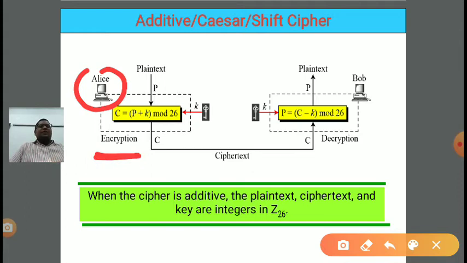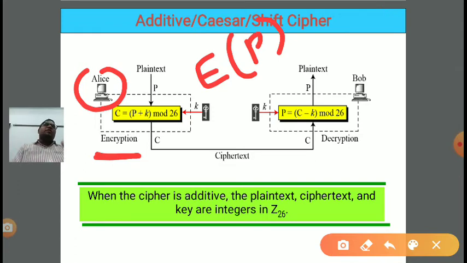Now Alice is the sender, and at the sender end we apply encryption, meaning applying the algorithm on the plain text. Here we are applying the additive or shift type of encryption algorithm. The formula: the ciphertext is obtained by adding the key to the plain text and then taking mod 26. Why are we doing mod 26? Because we are taking alphabets in plain text, and we all know that the total possible alphabets are capital A to capital Z or small a to small z.